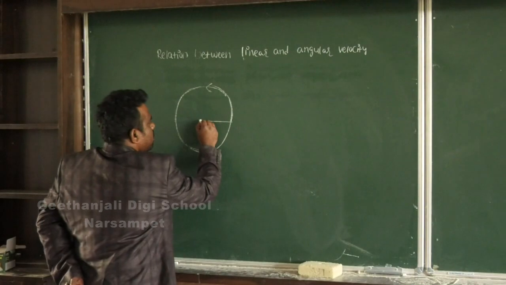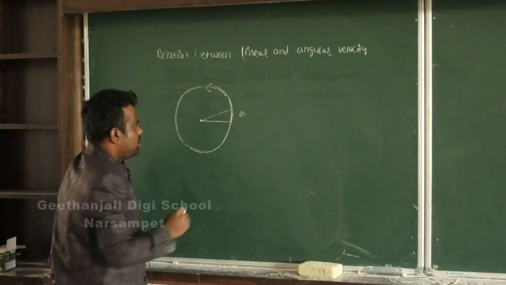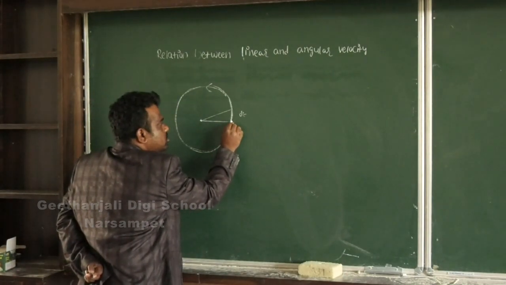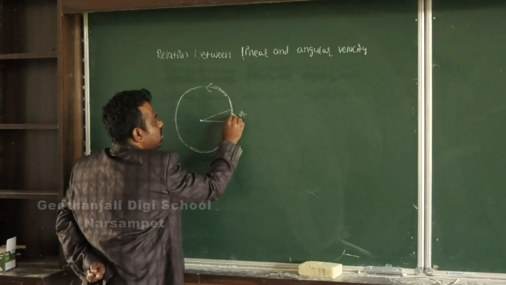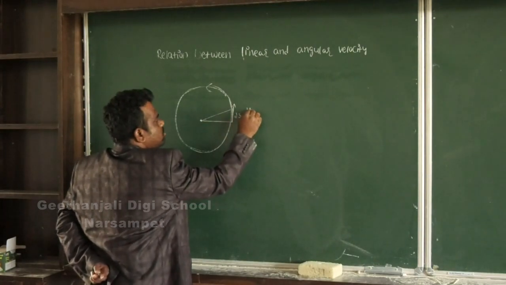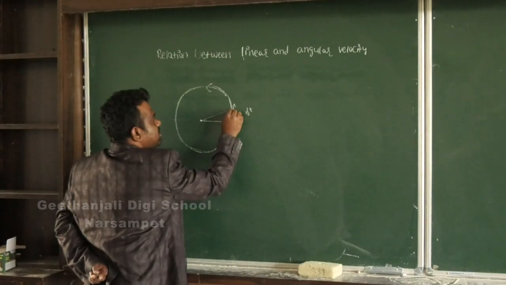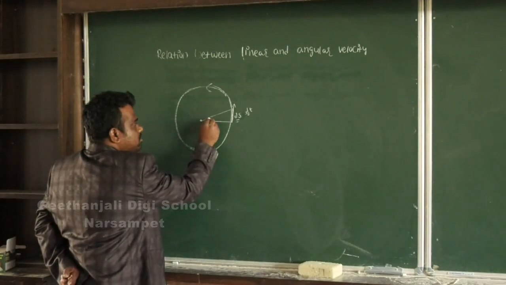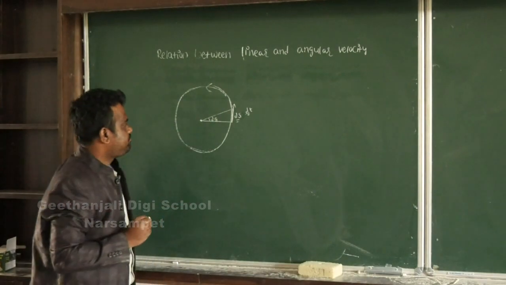So in a small time interval dt, this particle describes a smaller arc length, say ds. So the corresponding angular displacement is also very small, that is equal to d theta.